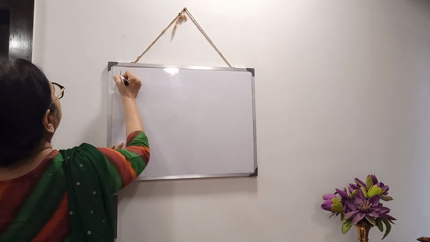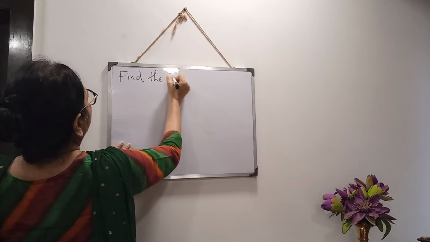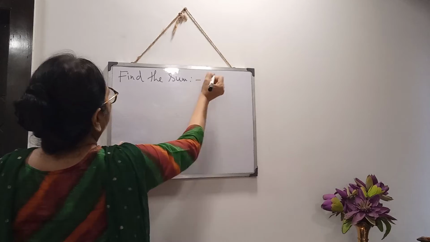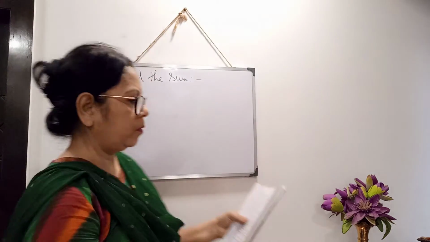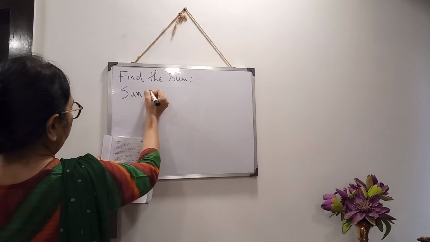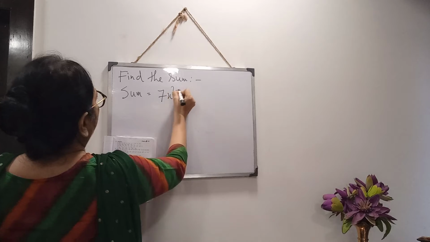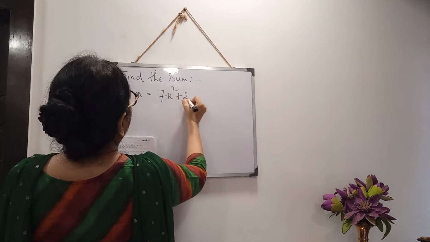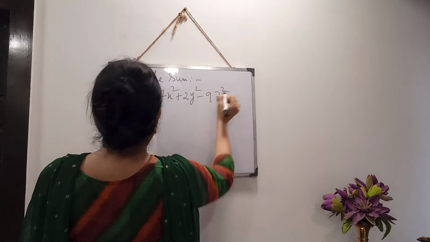find the sum. I am not copying the terms, I am just calculating the sum. Okay, find the sum. There are 3 terms given. So 7x square plus 2y square minus 9z square.